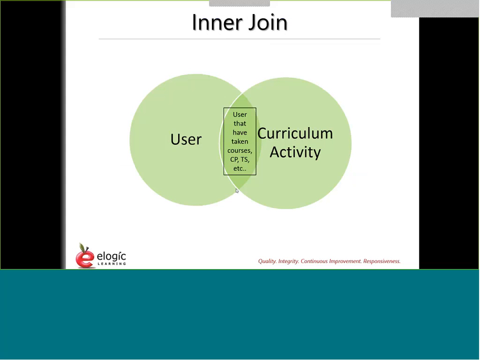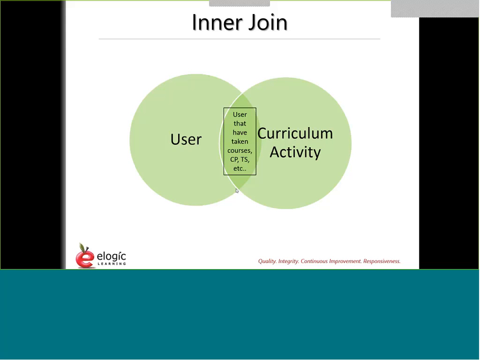So when you run a report on an inner join, it's only going to provide you users that have taken or registered for courses, compliance paths, training sessions, checklists, library items, what have you. So it's going to automatically join that information.